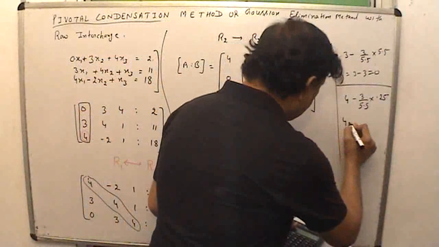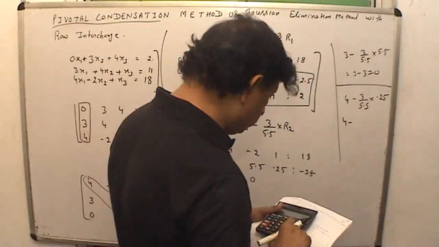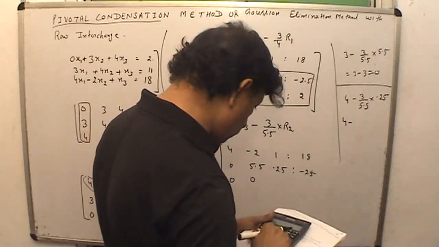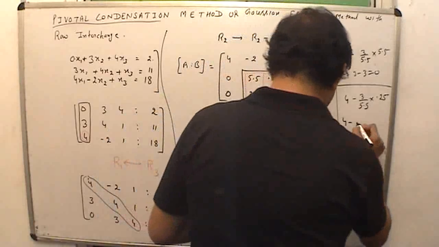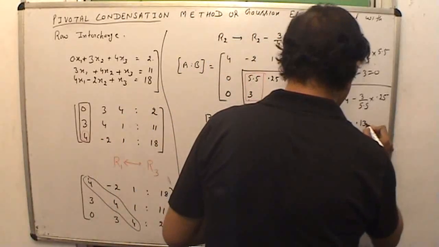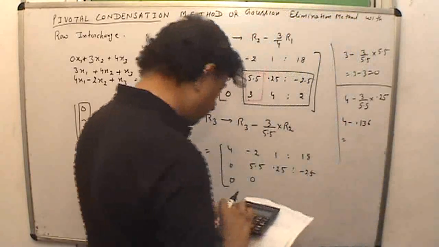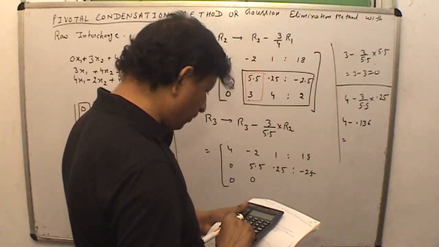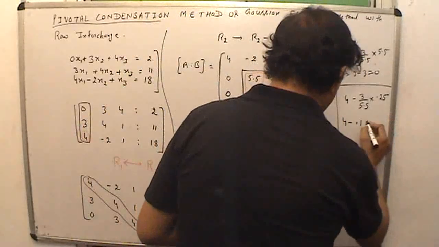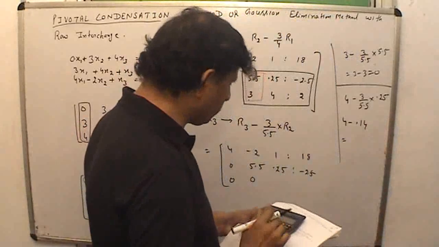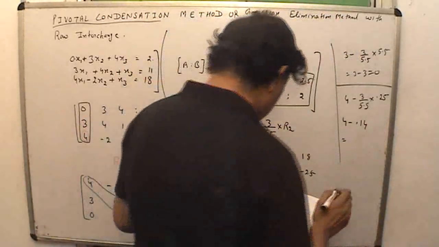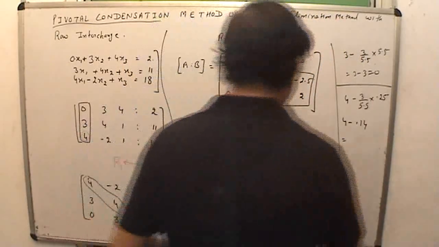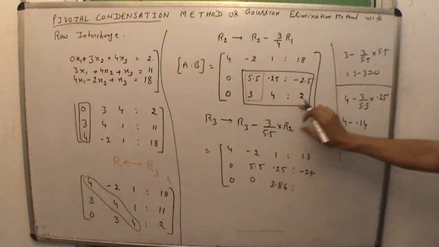That is 4 minus 0.136, and we round it off to 0.14. 4 minus 0.14 is equal to 3.86. Now, the last element 2.